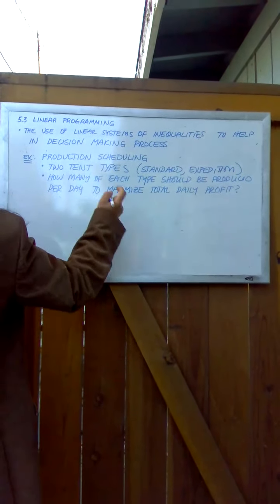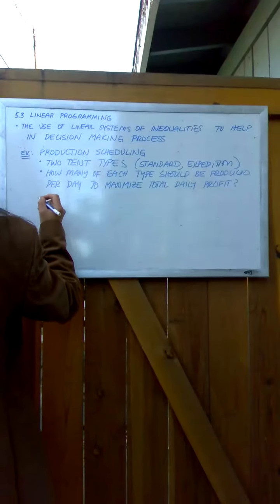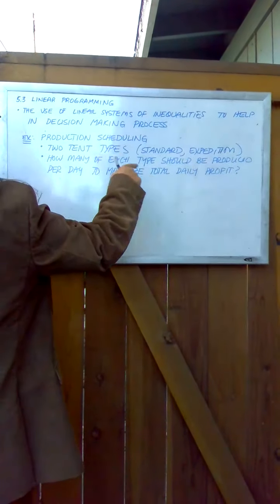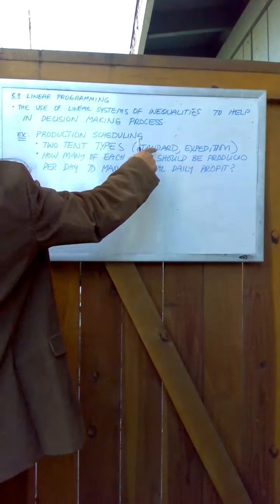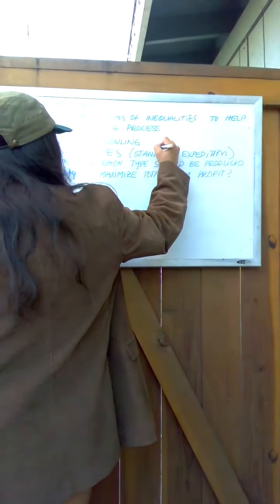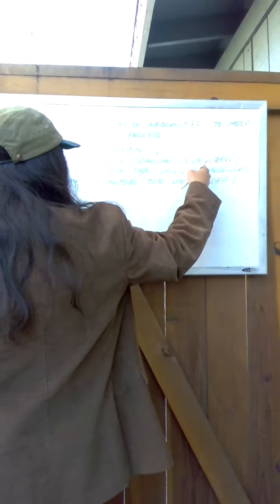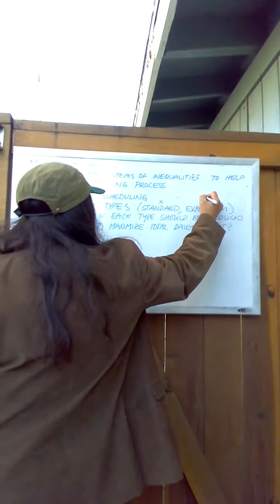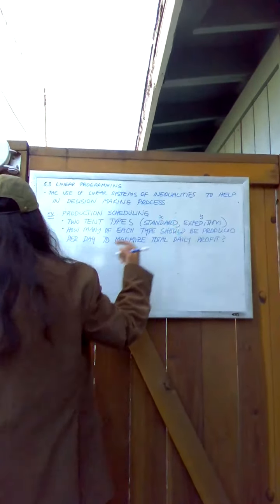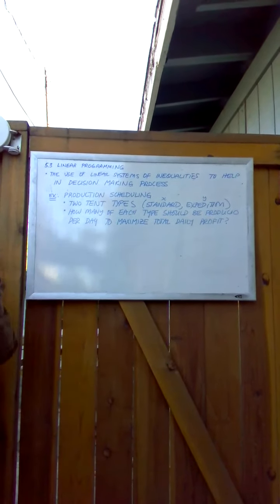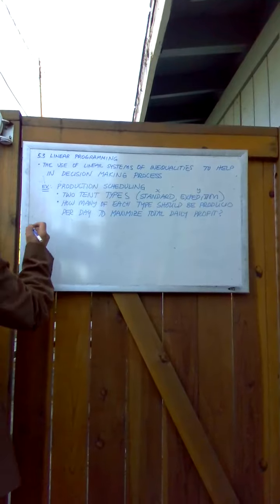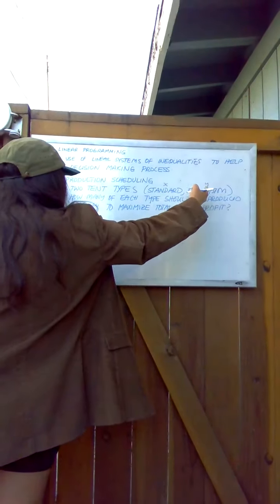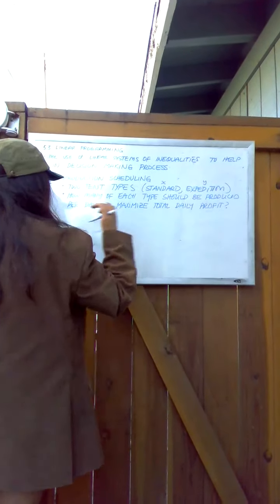So if you have the problem in front of you, we already know that for profits you get $50 for every standard tent. We're going to let this be X, and then you get, I think it's $80. Yeah, it says $80 for profit for that other type of tent. So X represents the number of standard tents, and Y represents the number of expedition tents.